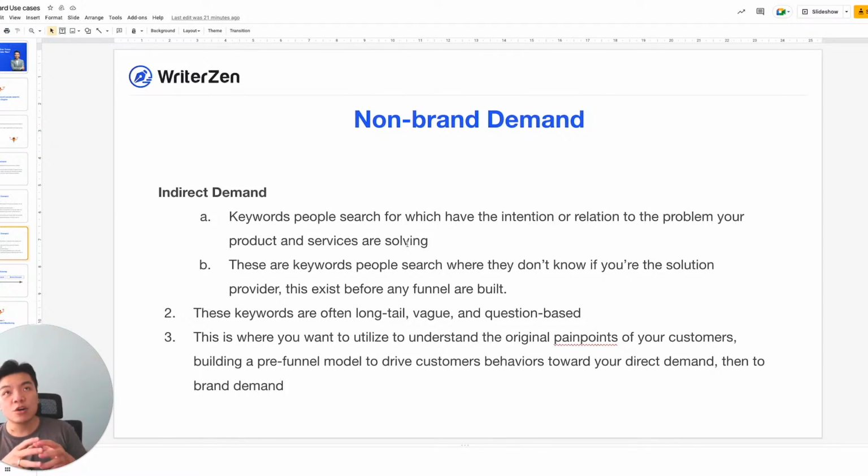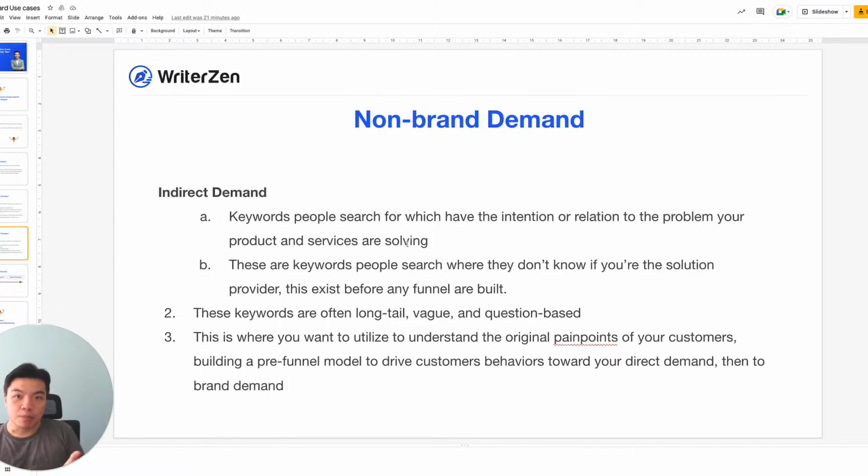So let's go back to the example of mattresses. Let's say people have a demand like, I have a hard time sleeping, what remedies could help me sleep better? How can I sleep with less back pain? So there are problems that they have.